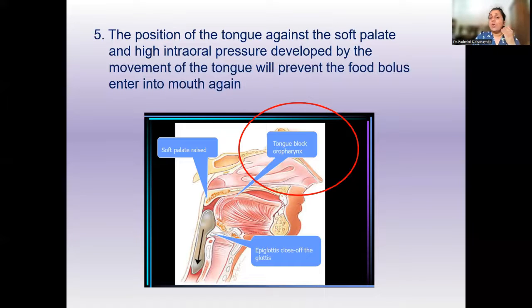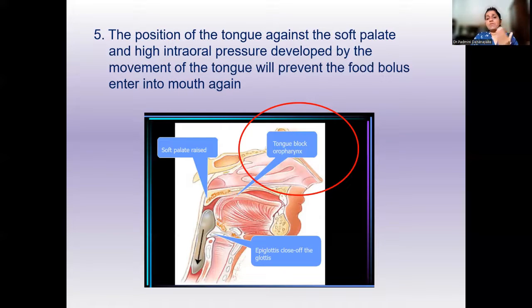What is that? That is your oral cavity. How do we close the oral cavity? We are not going to shut it off completely, but because of the position of the tongue against the soft palate, which we have already pushed upward and backward to propel the food into the pharynx, the intraoral pressure increases.